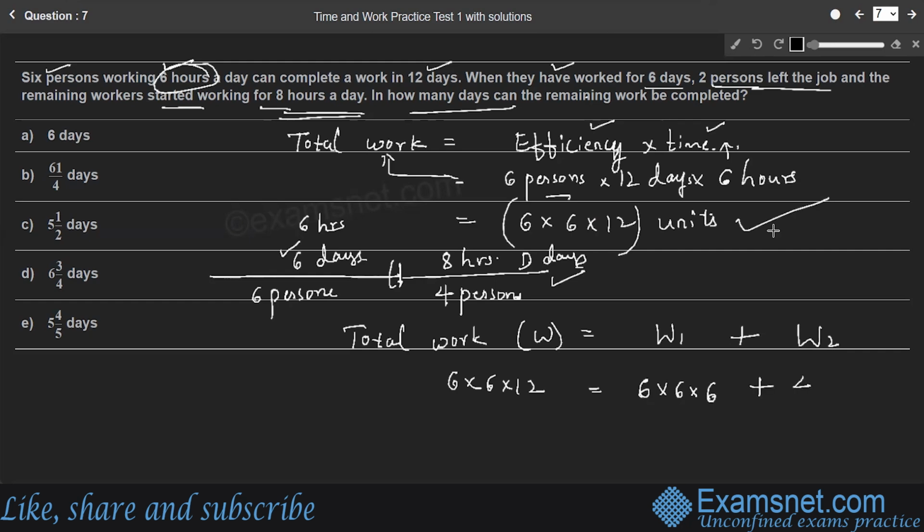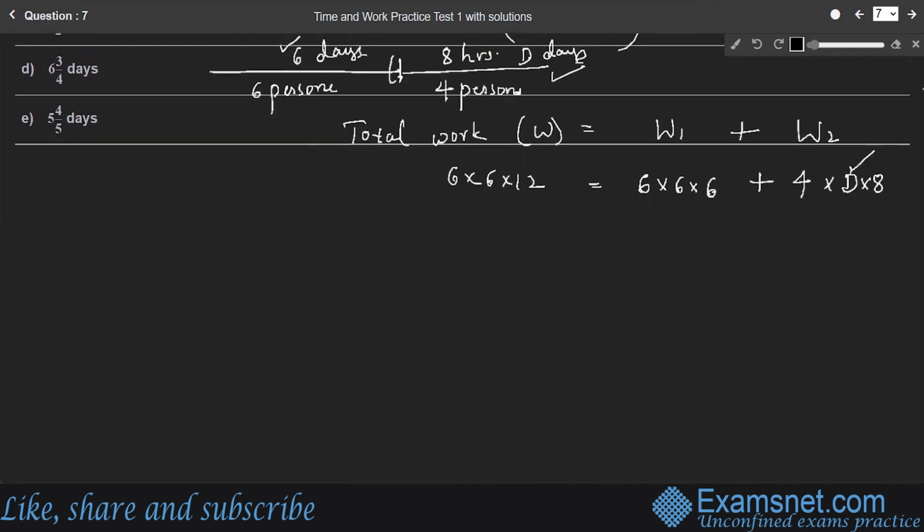In the second part, 4 persons work. Again, we are using the same concept, efficiency into time. Number of persons, 4 persons into D number of days, and each day they work for 8 hours. Therefore, 4 into D into 8. Here we need to find the value of D, right? Simplify it. 6 into 6 into 12 can be written as 6 into 6 into 6 into 2 minus, take this 6 into 6 into 6 to the LHS part.